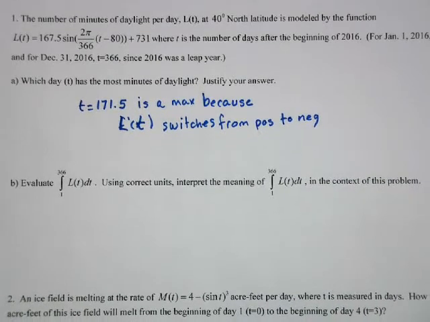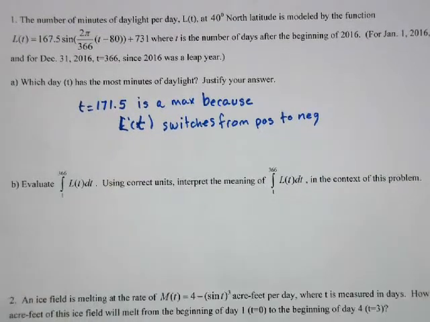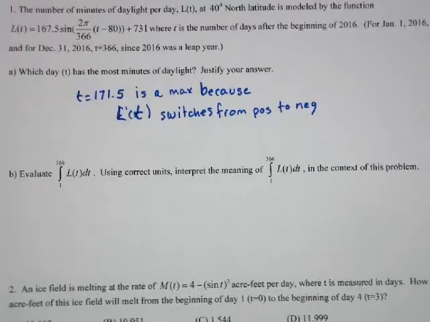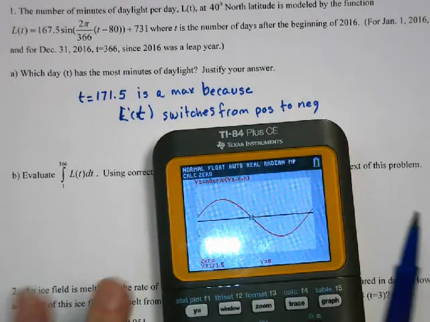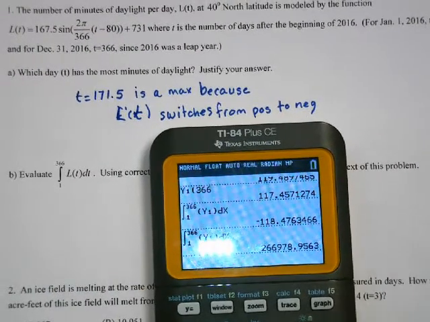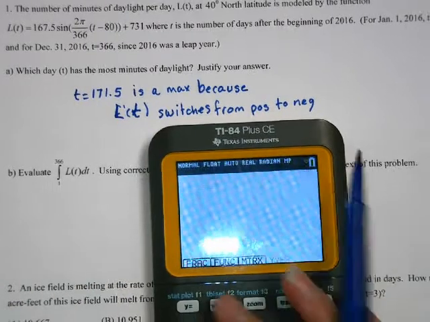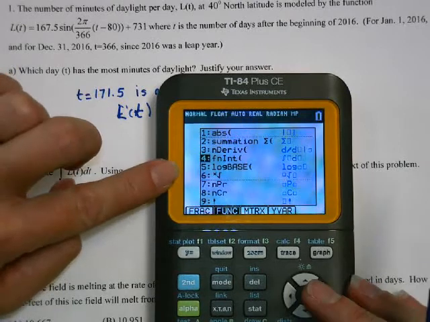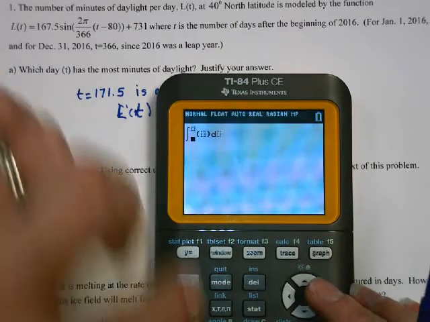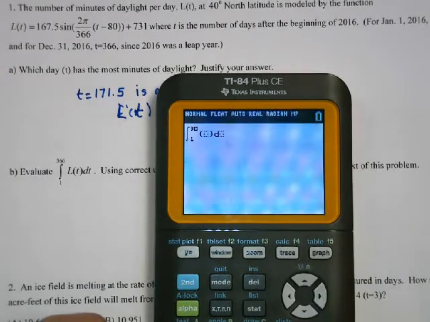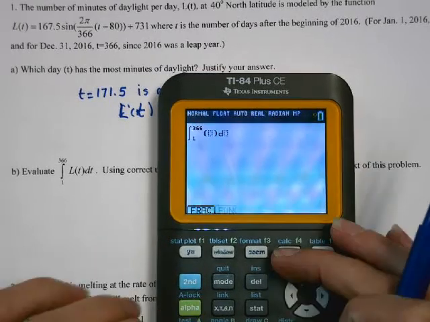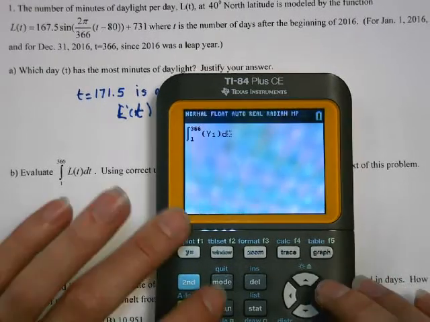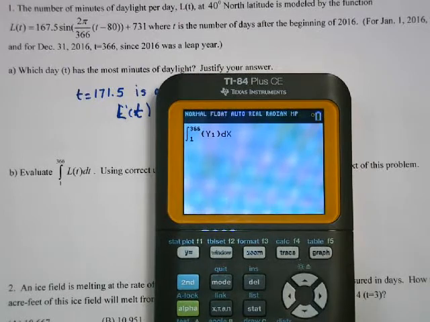Now in the next question it says evaluate the integral from 1 to 366 of L of t. So let's go ahead and do that. So in the calculator, alpha f2, we're using the integral, so fnInt. We're going from 1 to 366 of y1 dx.